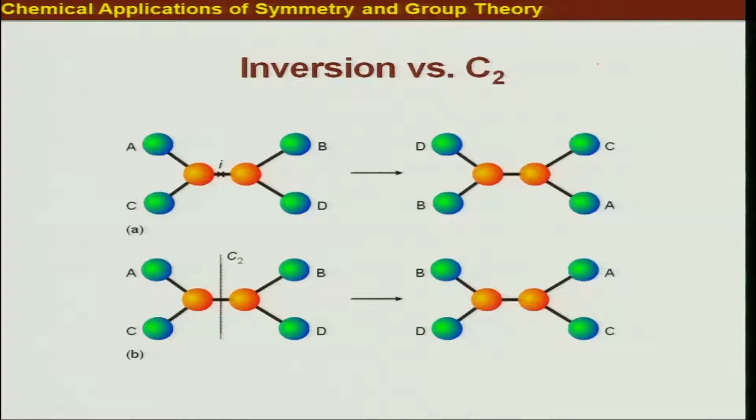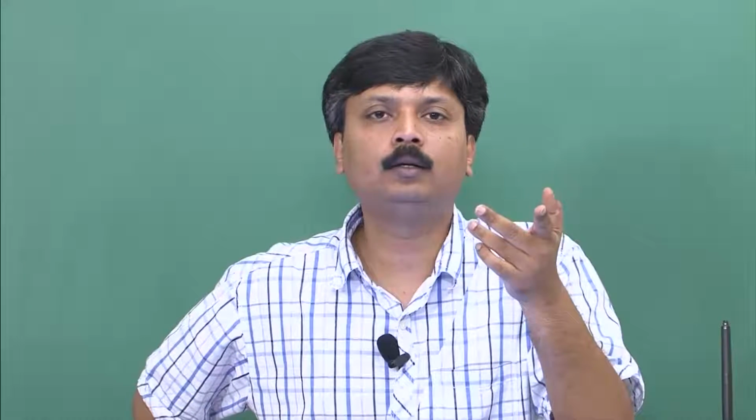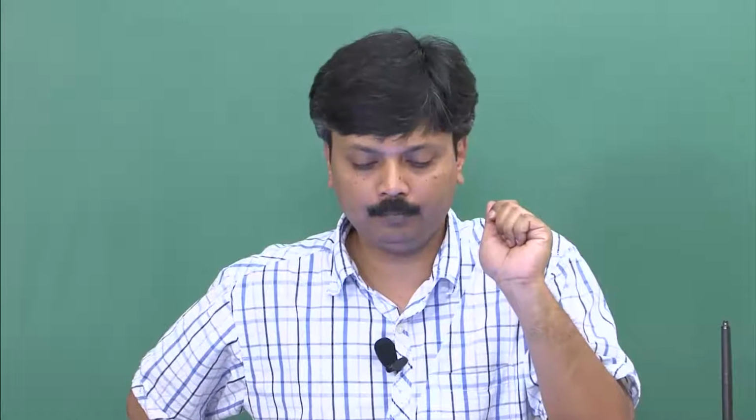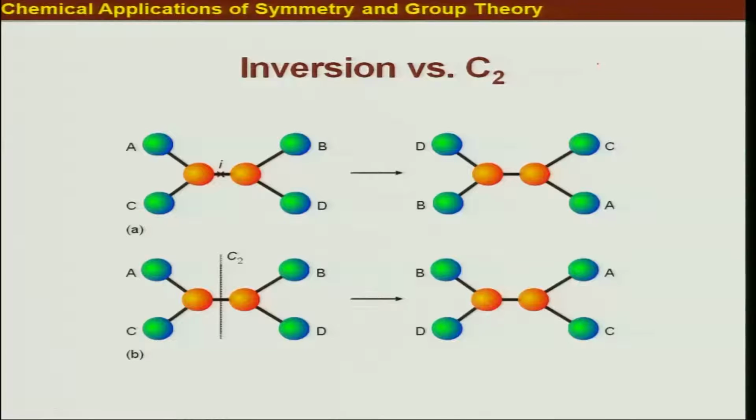Now here on your screen you can see that I have tried to compare this inversion symmetry with another similar kind of symmetry operation, that is rotational symmetry of order 2, that is by using a C2 axis. So I have a molecule exactly the one that I showed you earlier, that is ethylene.